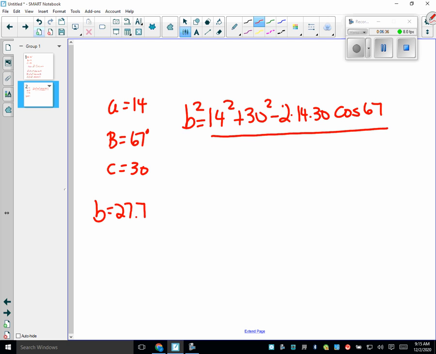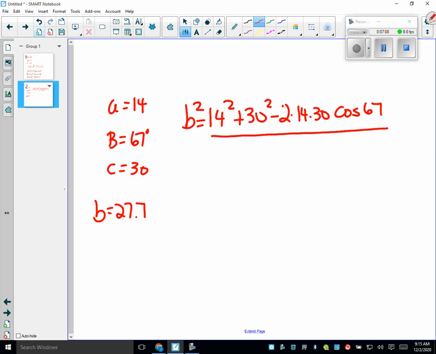Now, don't I need to find angle A and angle C? Now we switch to law of sines. However, because of things that happen, you always find the smallest angle first. Okay. Which one's the smallest? Angle A? You know how to tell, don't you? The smallest angle's opposite the shortest side.